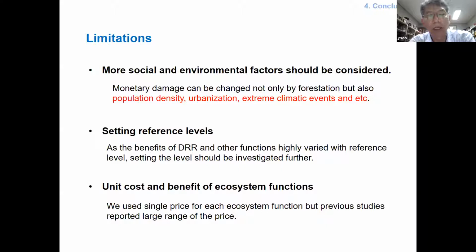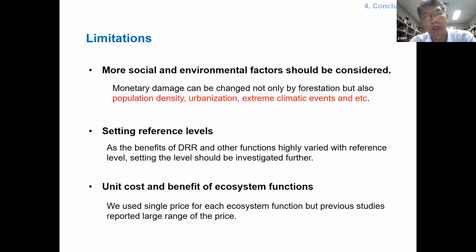Finally, unit cost and benefit of ecosystem functions should be examined in depth. We used a single price for each ecosystem function, but those prices vary a lot.